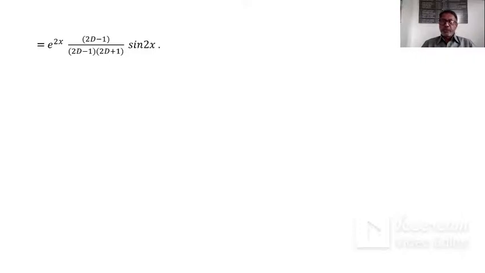We simplify the denominator. This is equal to e to the power 2x, 2D minus 1 upon 4D square minus 1. Take the multiplication, use the formula a minus b times a plus b is a square minus b square. Therefore, we get e to the power 2x, 2D minus 1 upon 4D square minus 1 operate on sine 2x.